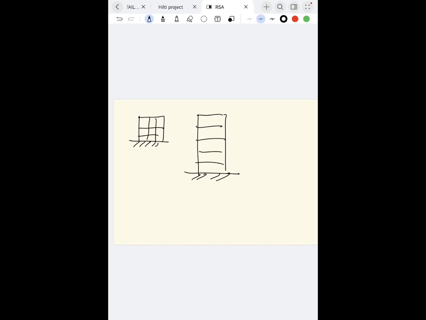Now, short buildings are stiffer than tall buildings. Short buildings vibrate faster than tall buildings, because here stiffness is more when compared with the tall buildings.